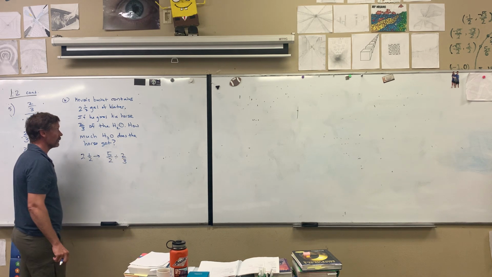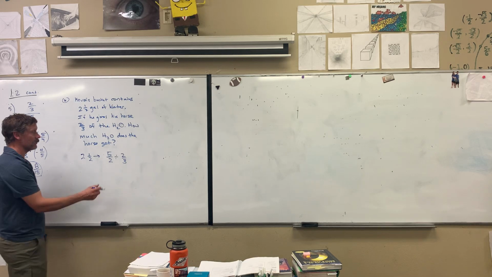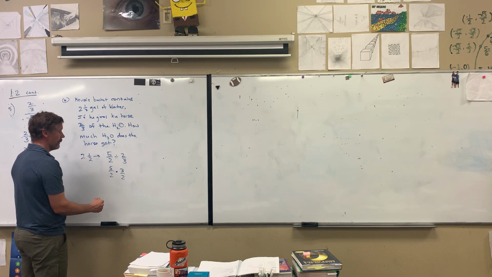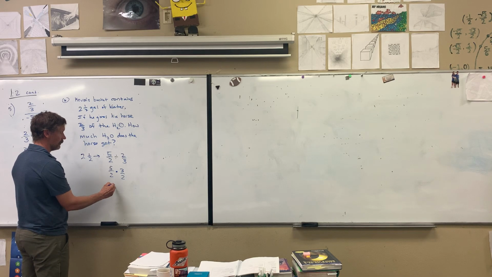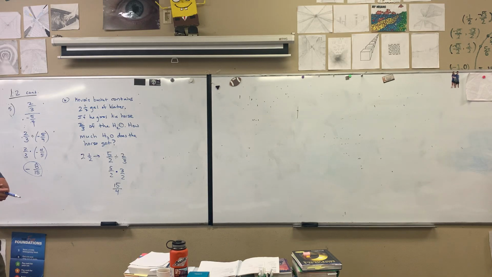Okay. So we gave his horse 2/3 of the water, so divided by 2/3. And then you keep it, switch it, flip it, and you came up with 5 times 3, if we do it this way, 15/4. Because you said divided.